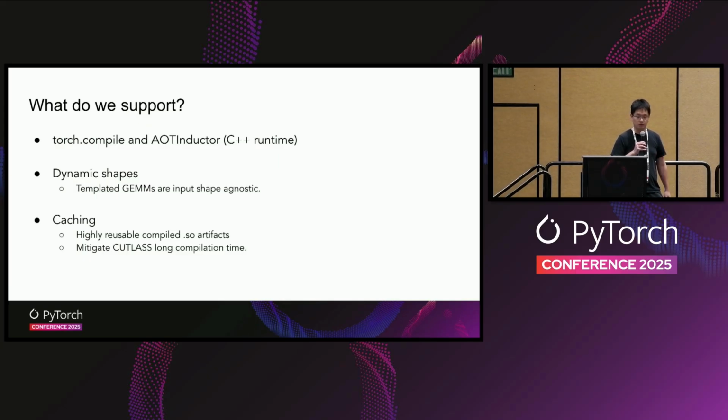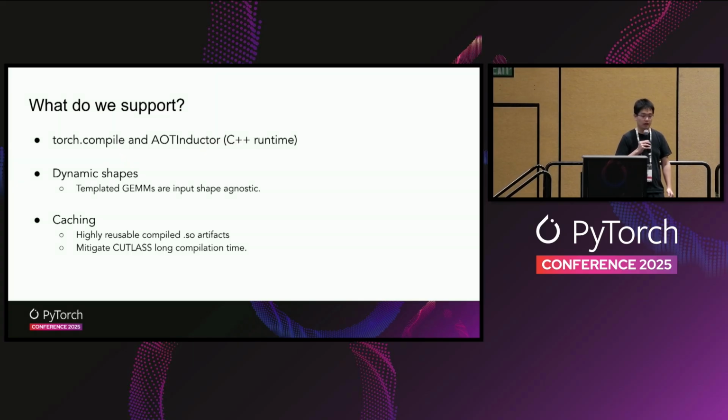In particular, I want to highlight our innovation for dynamic shapes: when we do templating, we make the gems input shape agnostic. So you generate one kernel, one C++ code, compile it into one .so, and it will be able to handle basically all the shapes that you pass in. We will still auto-tune on one shape, but that kernel has the capability of serving multiple shapes.